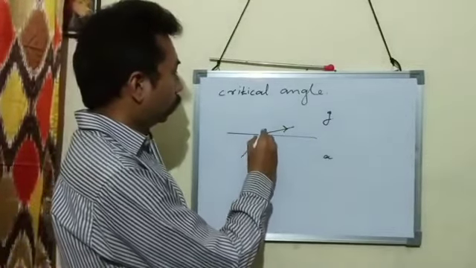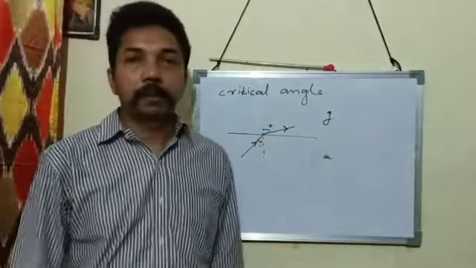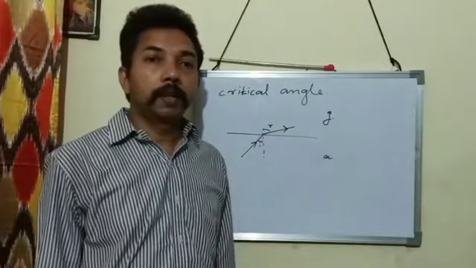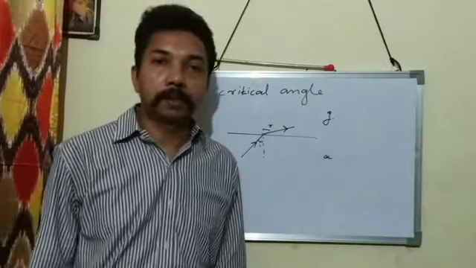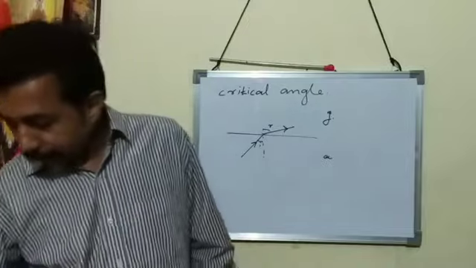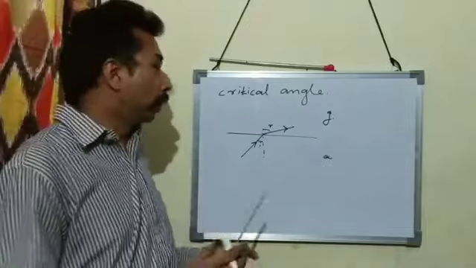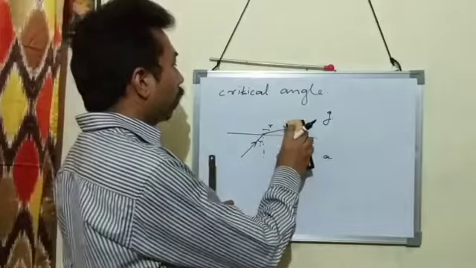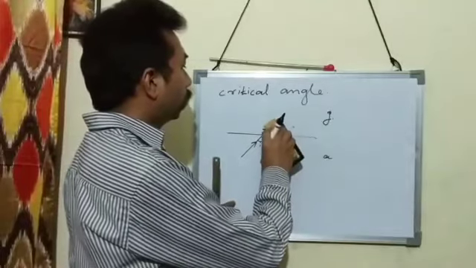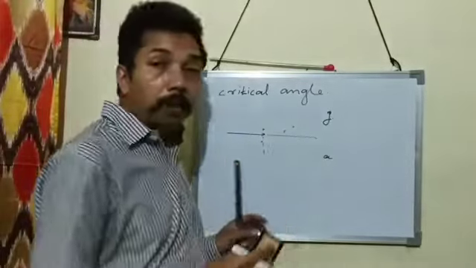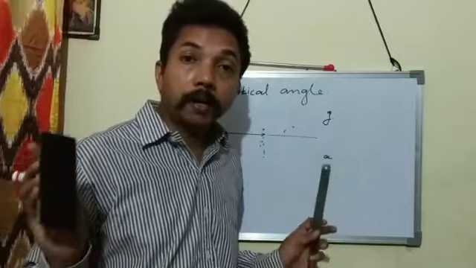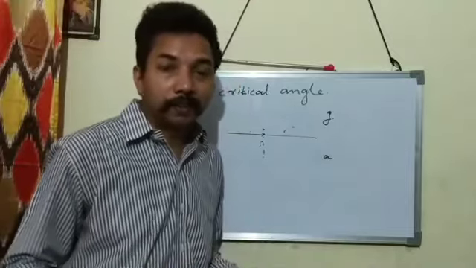So this is the angle of incidence, this is the angle of refraction. The angle of incidence is less than the angle of refraction. Now when we increase the angle of incidence, the angle of refraction also increases.